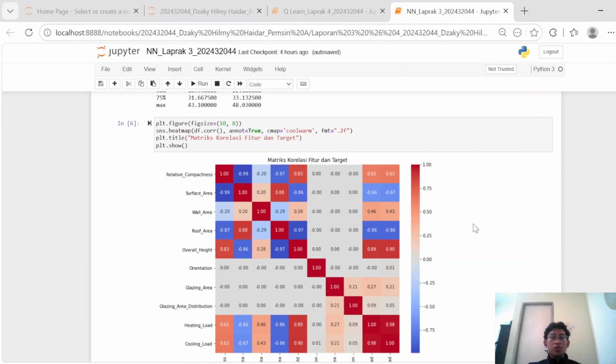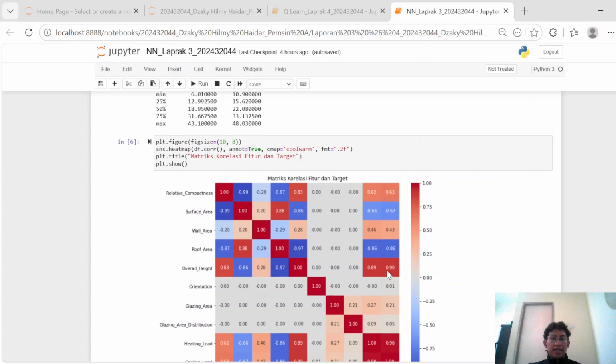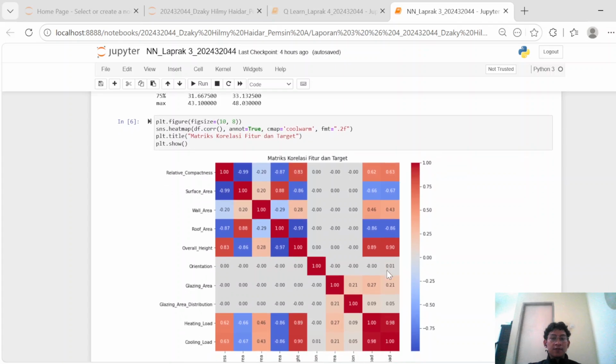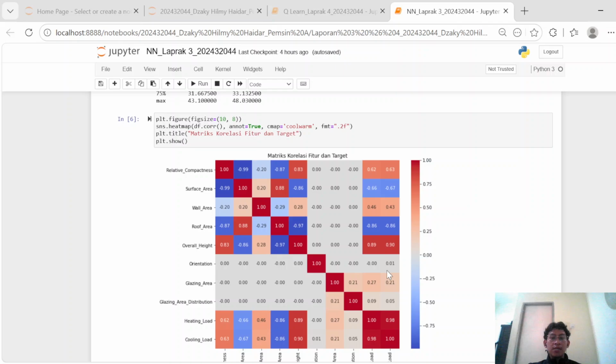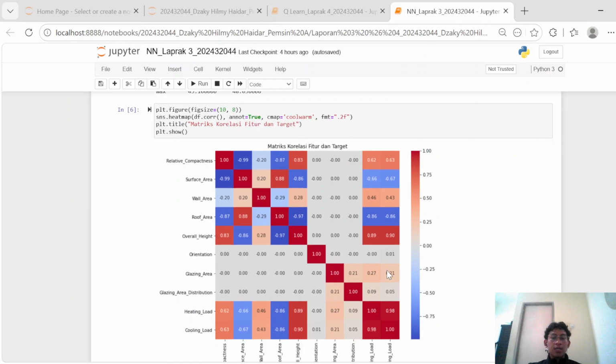This indicates that taller, more compact circular designs inherently require higher thermal energy capacity. Second, roof area X4 and surface area X2 displayed a strong negative correlation with our targets, meaning they move in opposite directions.